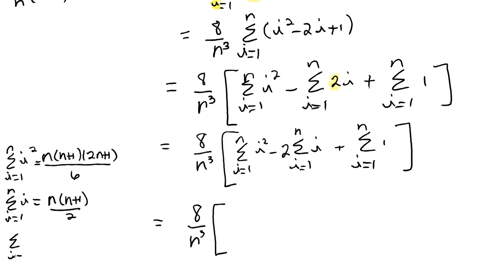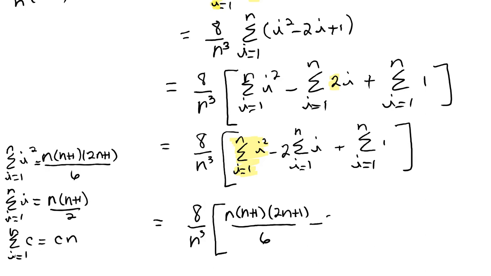And the sum of i equals 1 to n of a constant is that constant times n. So that's how I'm going to simplify each one of these. So for the first one, sum i equals 1 to n of i squared, that becomes n times n plus 1 times 2n plus 1 over 6.